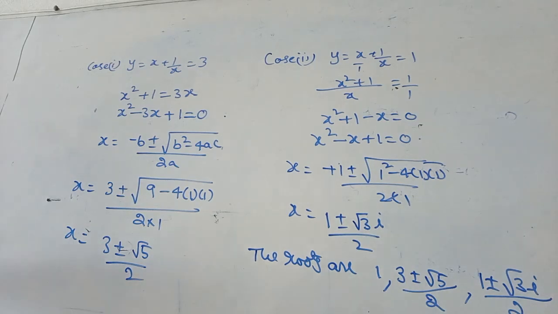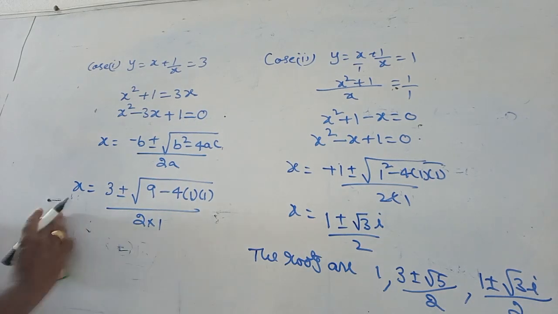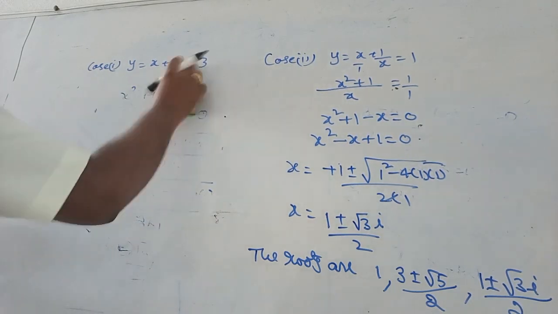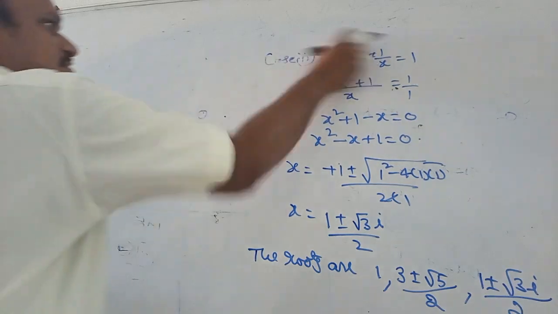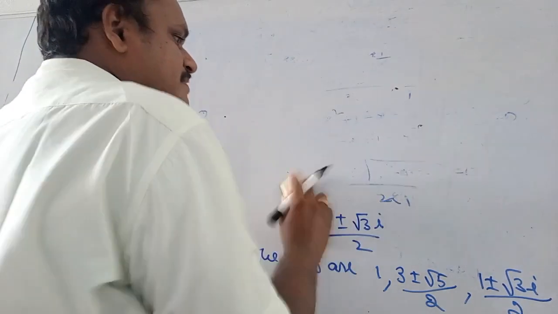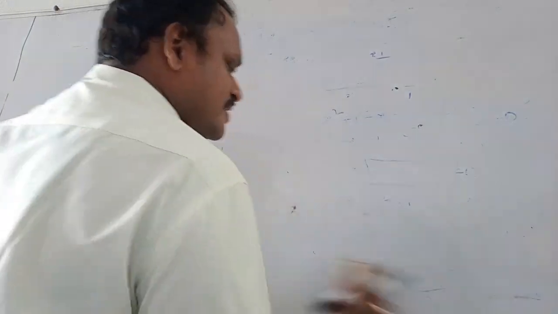You please observe. Now the other kind of problems in this theory of equations is, suppose a polynomial equation is given, then we need to transform it into different types of equations.